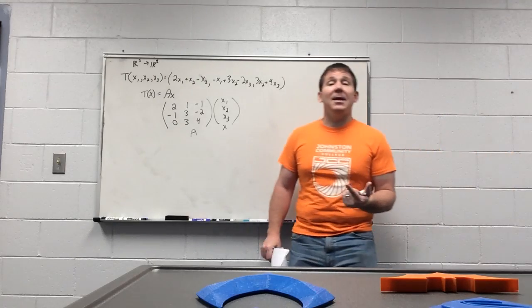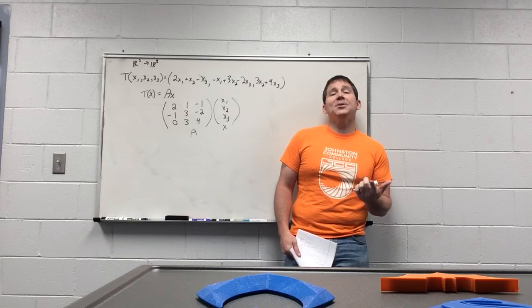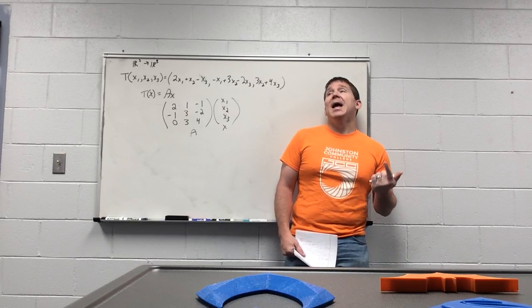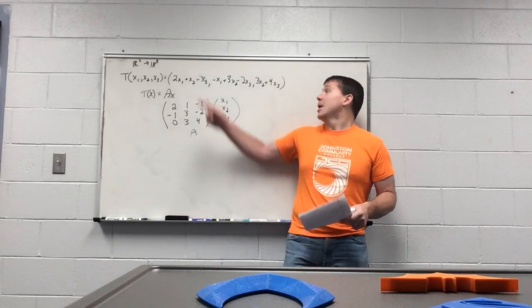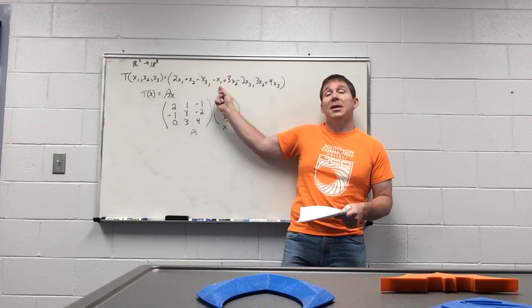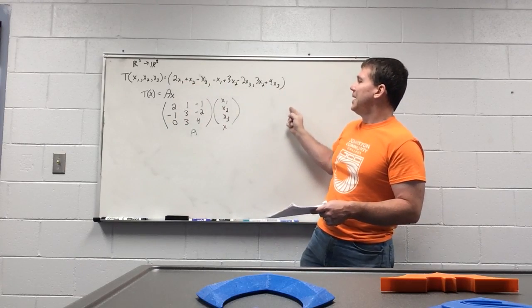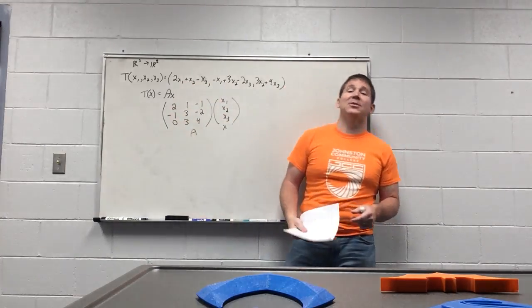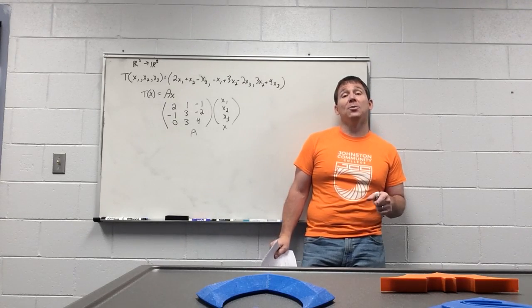The problem, maybe? Well, for an arbitrary linear transformation, how do I figure out what the matrix A is? Will this trick always work, where I can just look at the coefficients and that will dictate what my matrix A is? As it turns out, that is not always true.